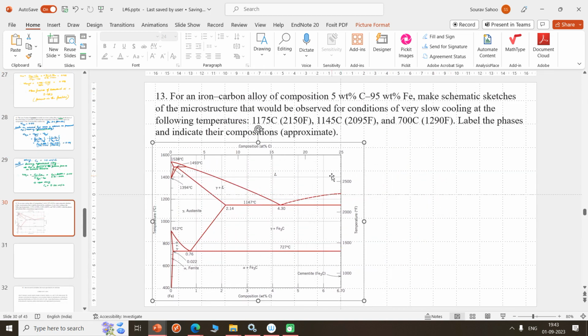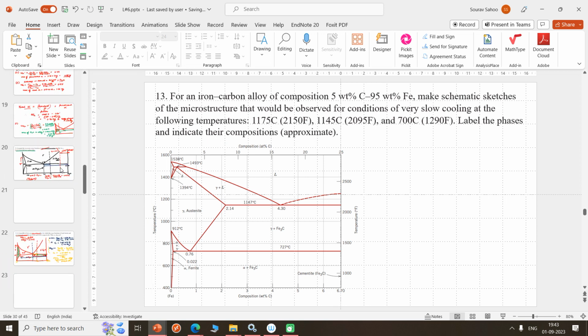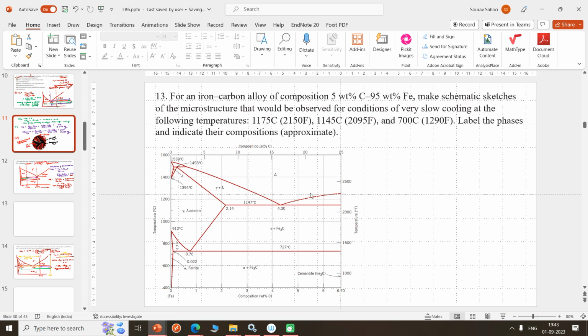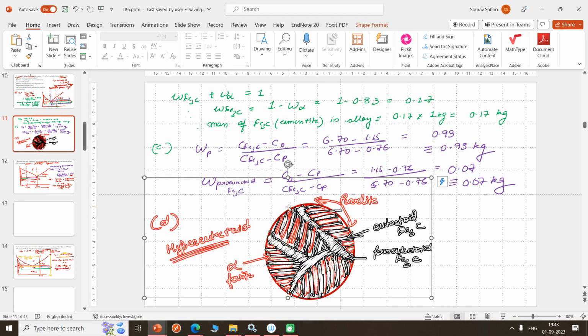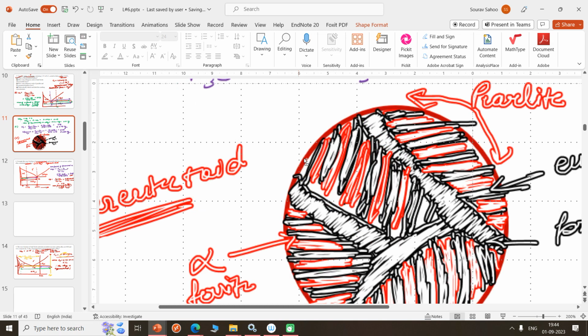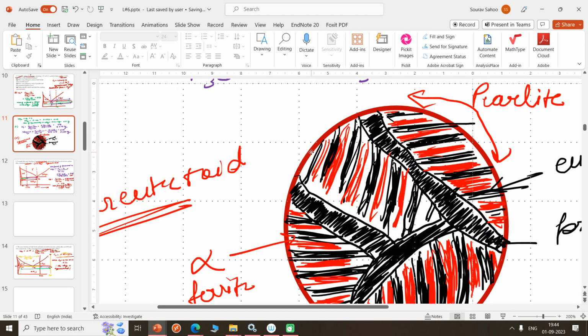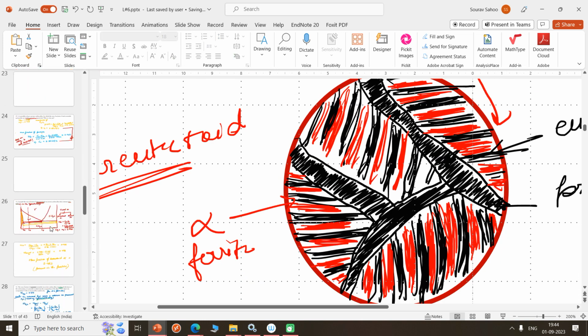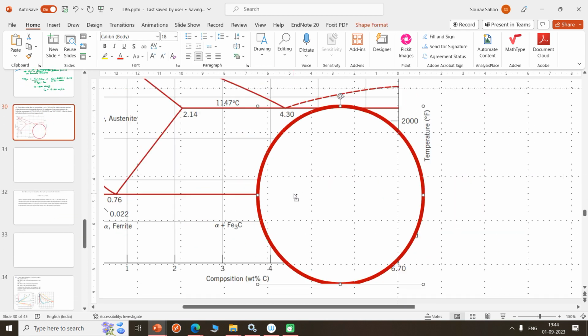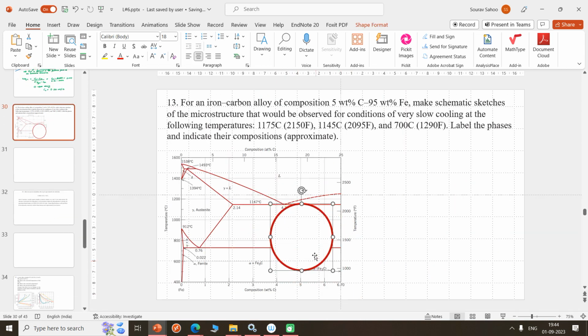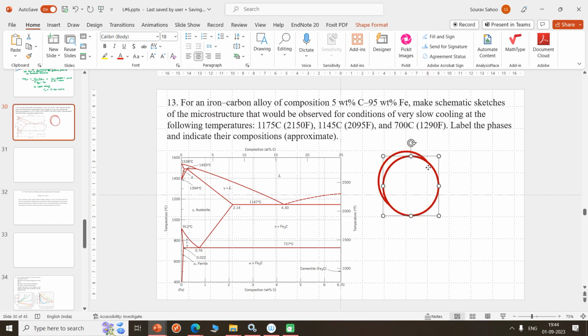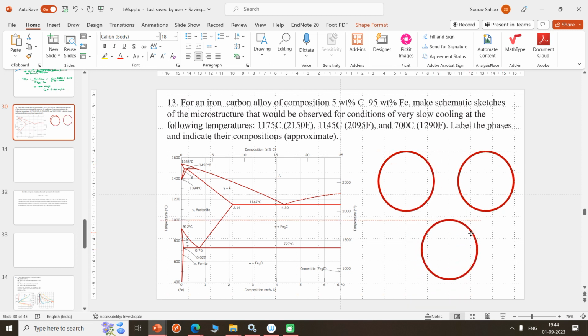So we have been given different conditions, so we should draw three phase microstructure fields, here and here.